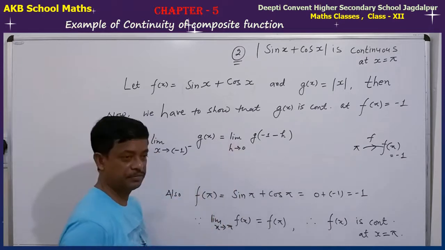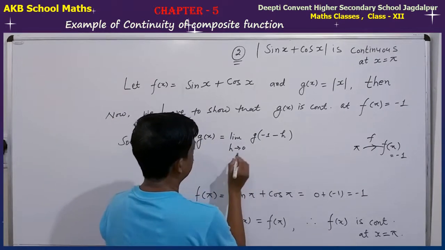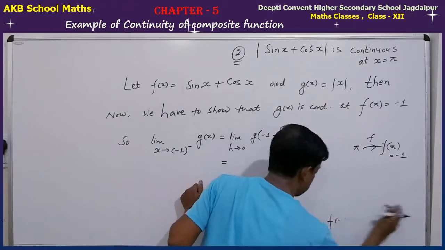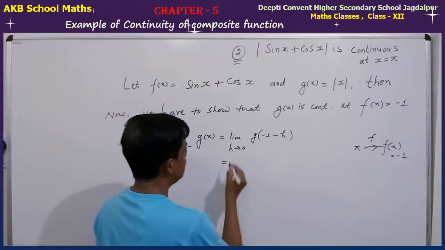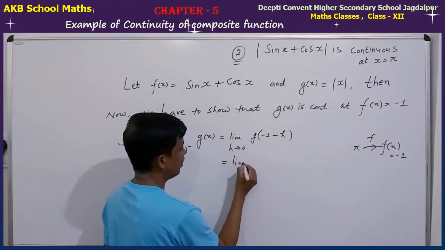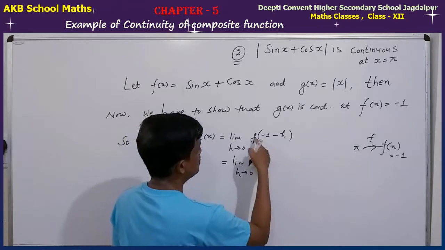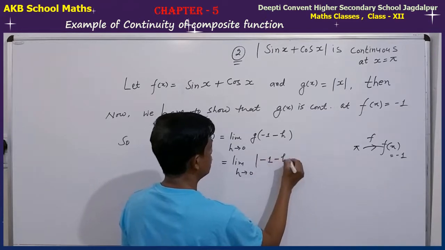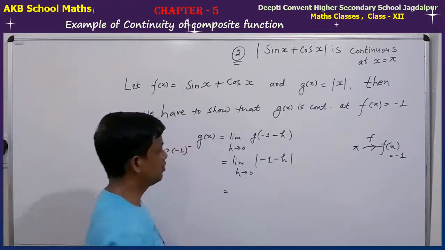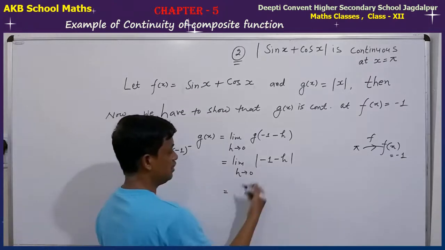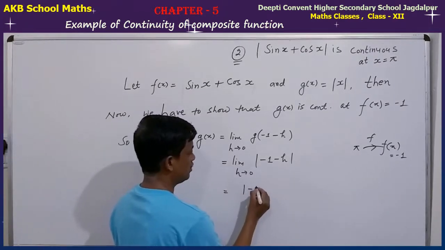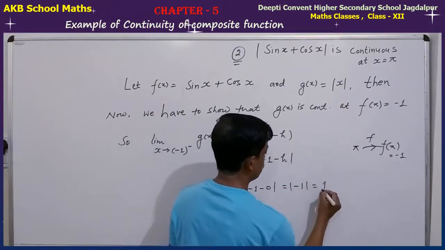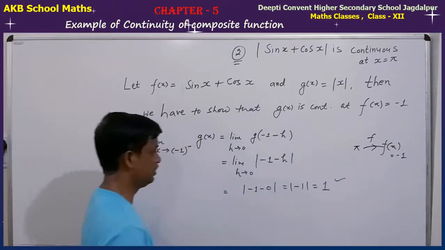Now g(x) equals mod x, so this equals |-1 - h|. Now, you can put h equals to 0 here, then |-1 - 0| equals |-1| equals 1. This is the left hand limit.